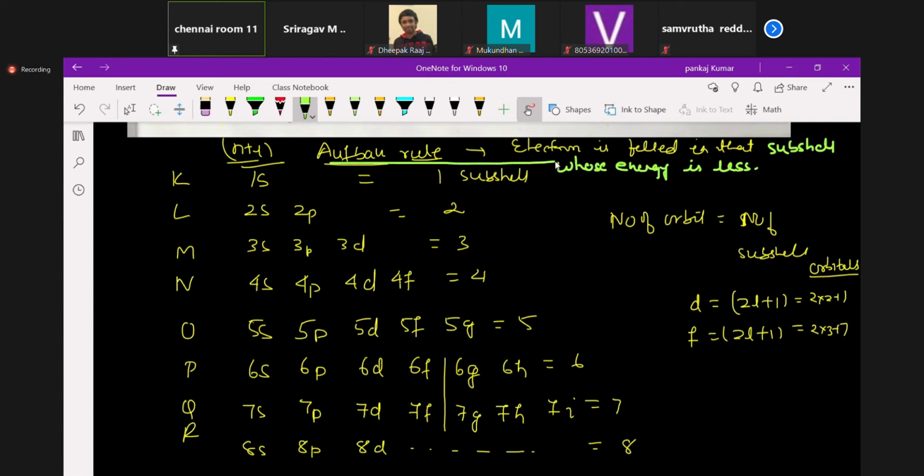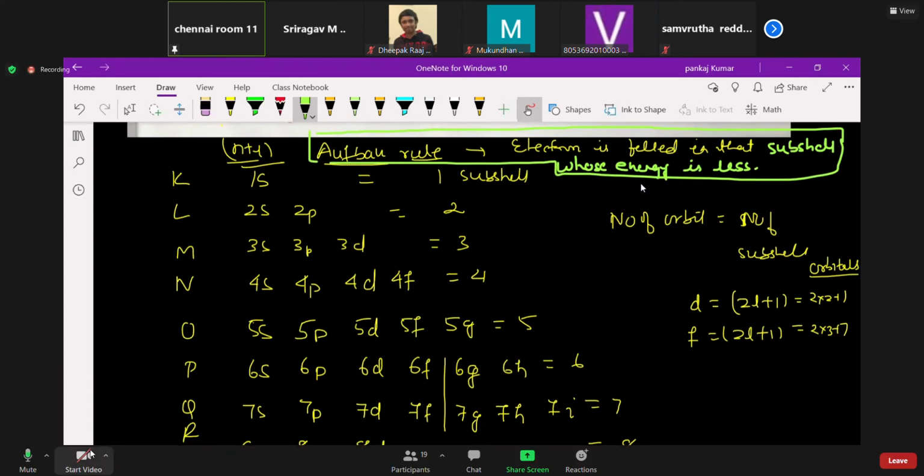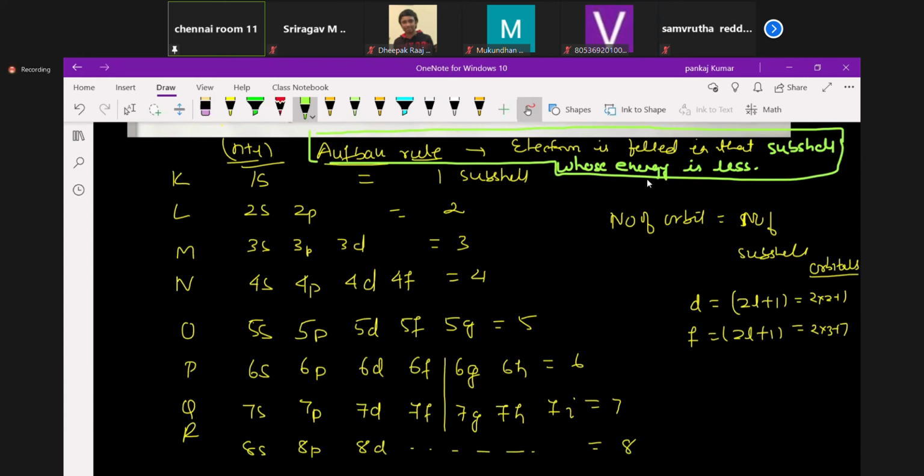Already you have notes in the copy. Already notes are there. I gave you notes on atomic structure in detail. Just I am revising this thing.